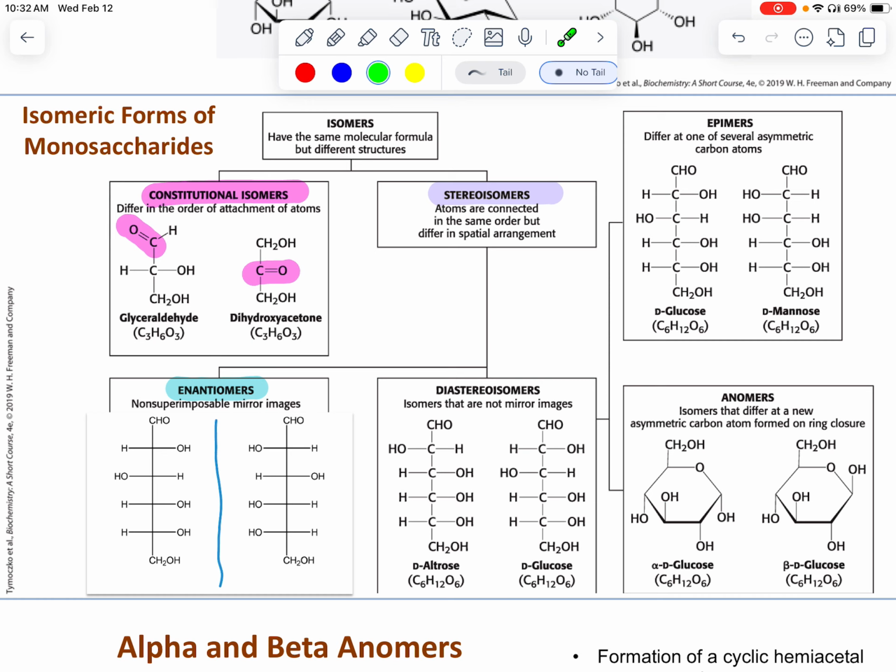If we look at this, these are both glucose. And let's talk D versus L naming schemes here. So in our Fischer projection, we're drawing it with our carbonyl towards the top, and we're going to number these. So we would have our numbered carbons 1, 2, 3, 4, 5, 6 right here.